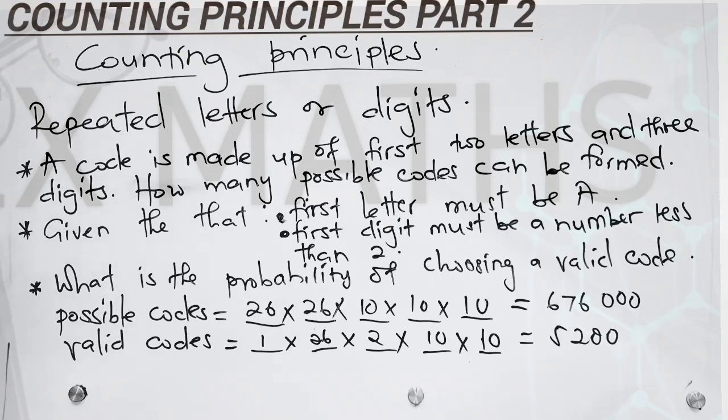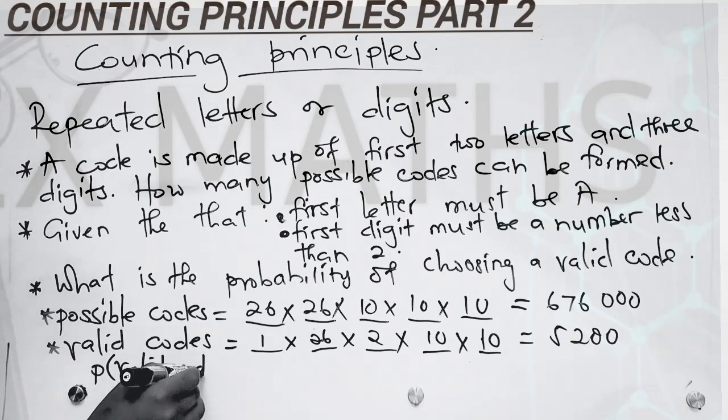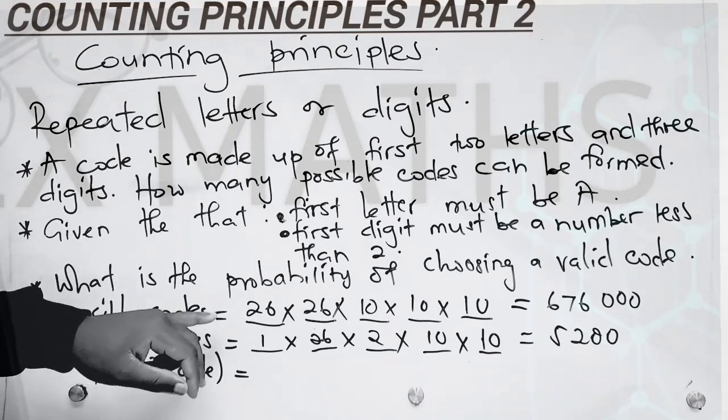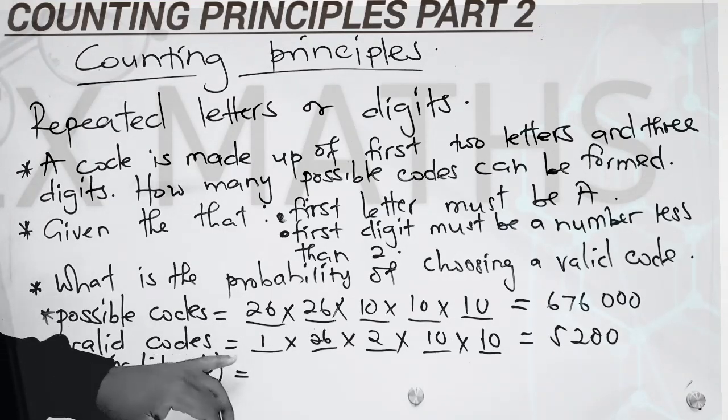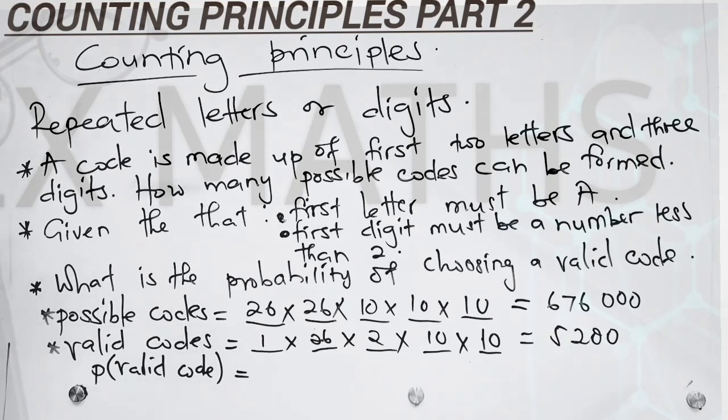So now I want to see the third part, which is the probability of selecting a valid code. Probability of a valid code is equal to valid codes over possible codes.